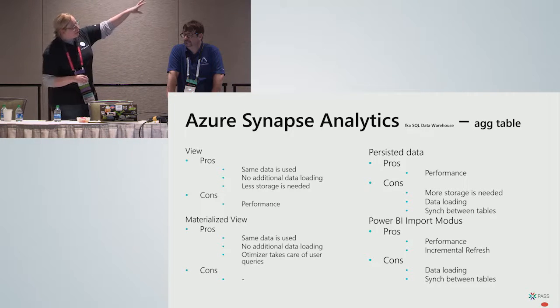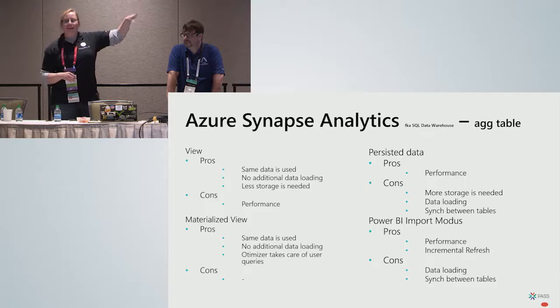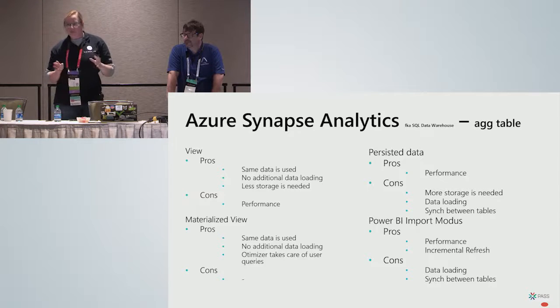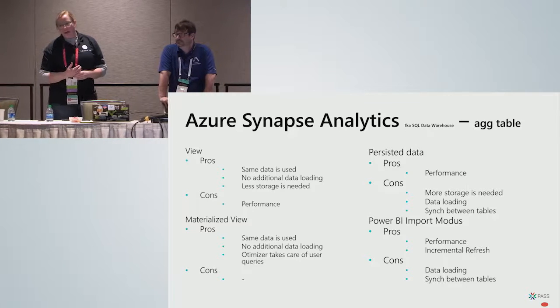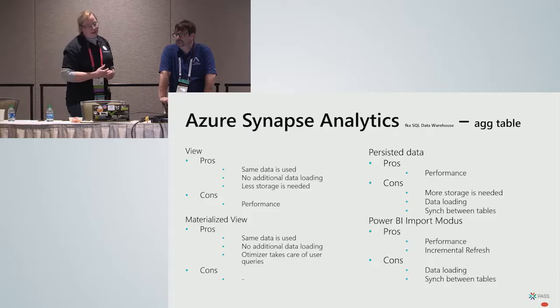Of course, this combination is applicable for the aggregation table, because if we remember, the detail table is not allowed to be in import mode. But if you decide to have the aggregation table in Azure SQL DW as well, those would be the four different options for how to implement the aggregation table inside your Azure SQL DW. Okay?